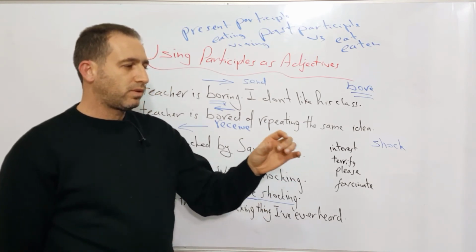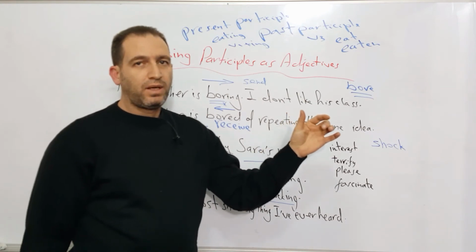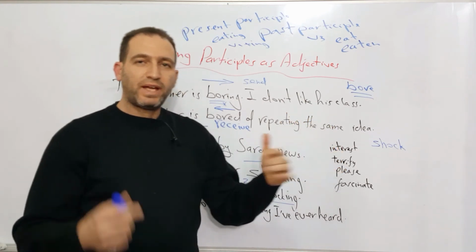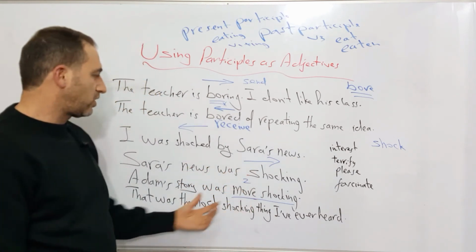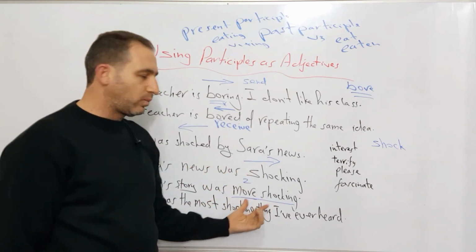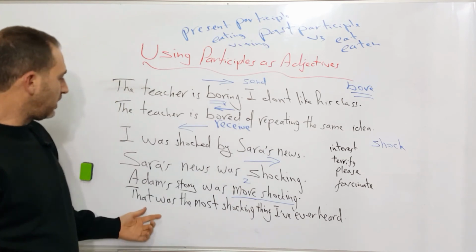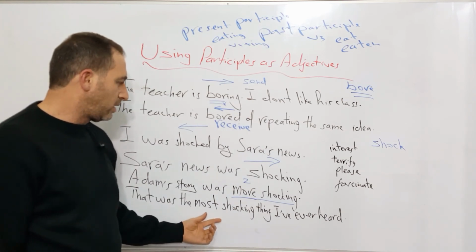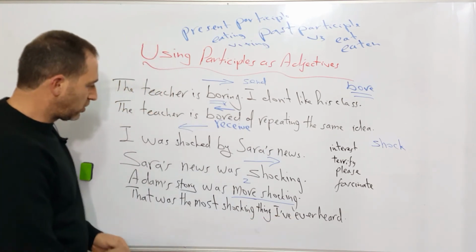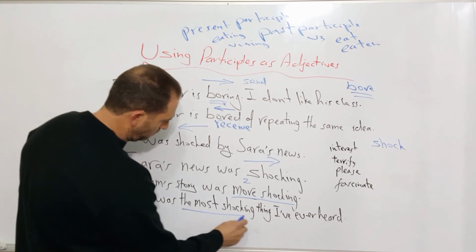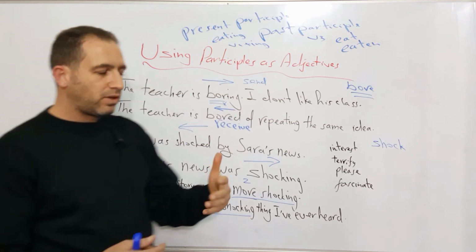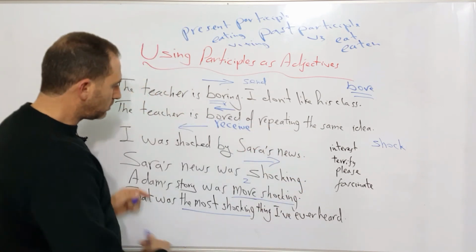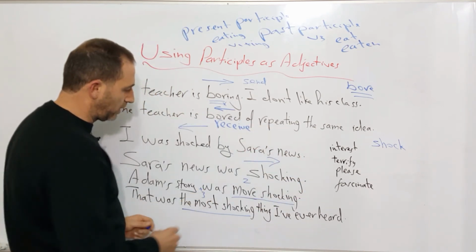Usually we use more when we say, for example, Sarah is more beautiful than Susan. Then in that case we're comparing to Susan. And here, that was the most shocking thing I've ever heard. The most shocking. This is the superlative form. Usually you're comparing more than 2, three plus.